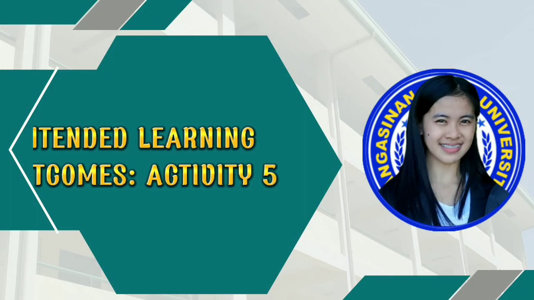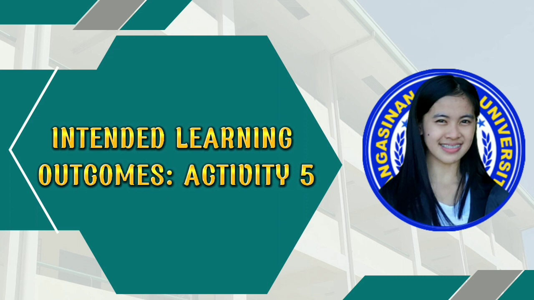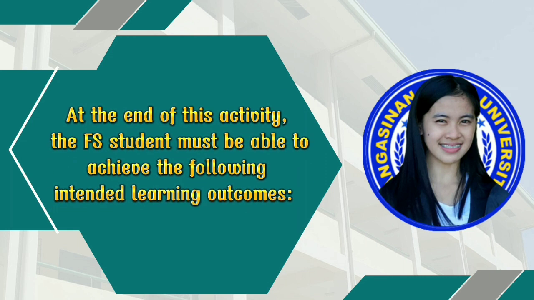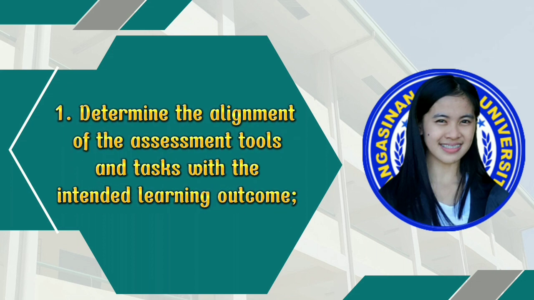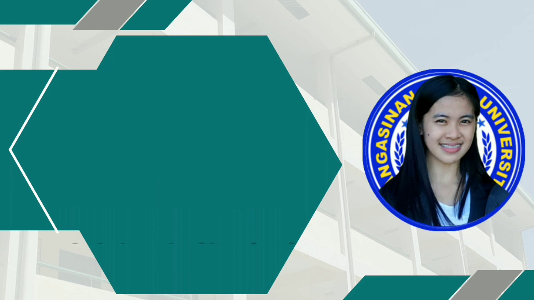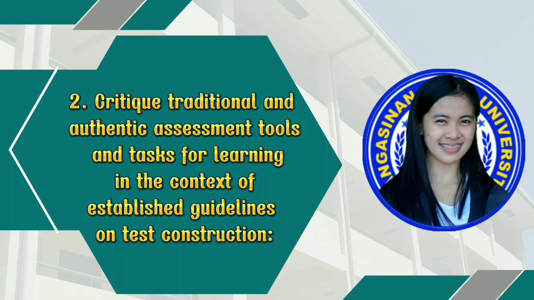Here are the intended learning outcomes of Activity 5. At the end of this activity, the FS student must be able to achieve the following intended learning outcomes. Number 1, determine the alignment of the assessment tools and tasks with the intended learning outcome. Number 2, critique traditional and authentic assessment tools and tasks for learning in the context of established guidelines on test construction.